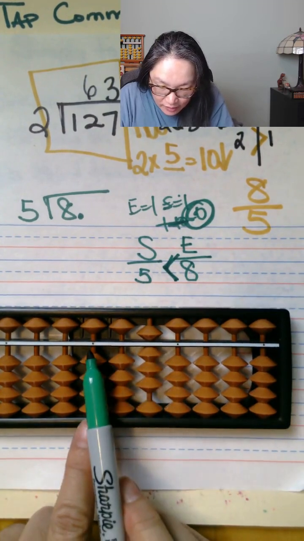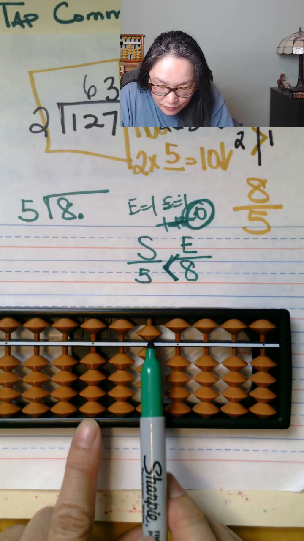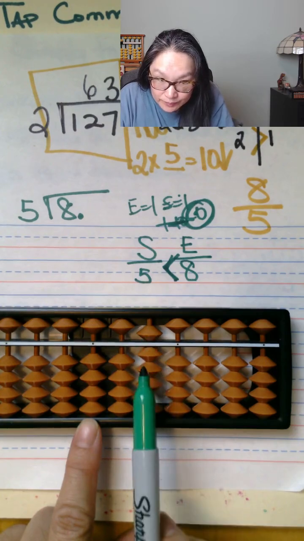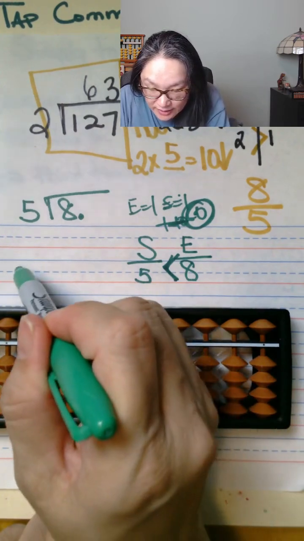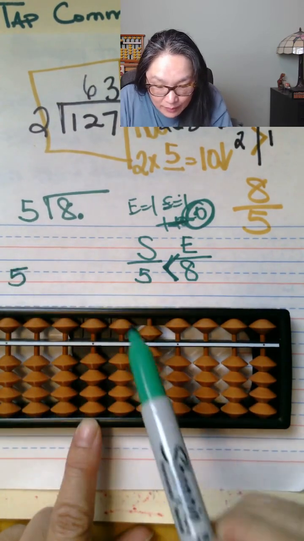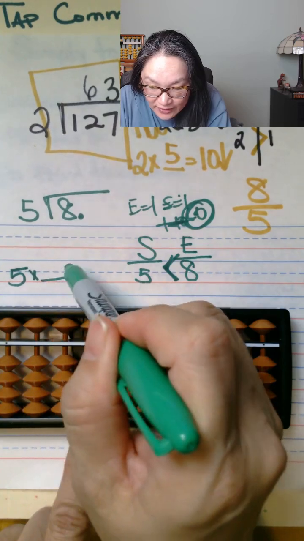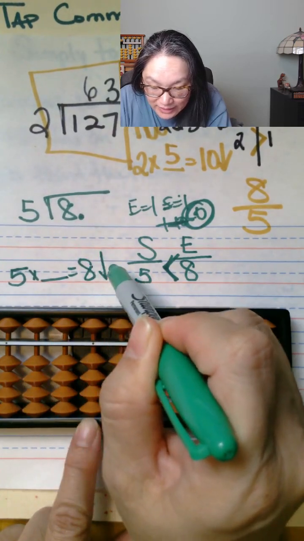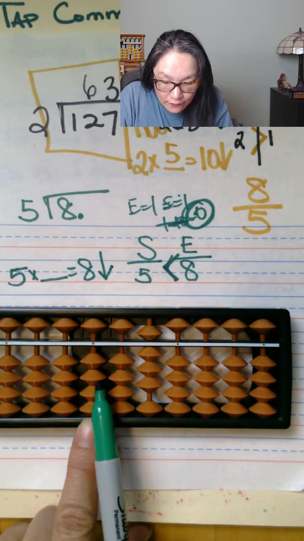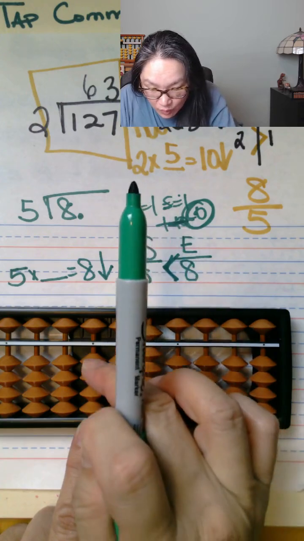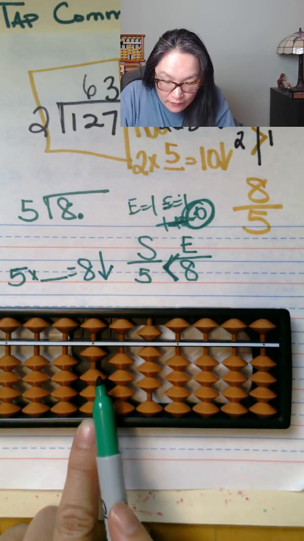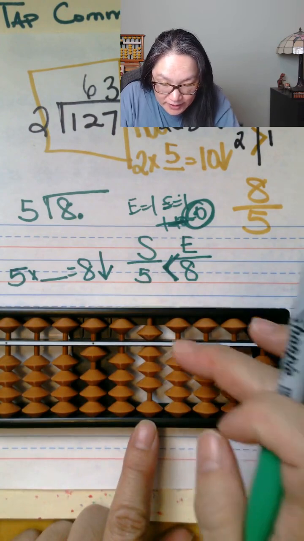I go here, and I have to only take this one column. So now the question is this is the prime example. What times 5 is equal to 8 or less? 5 times 1. 5 times 1 is equal to 5. So I take away 5.